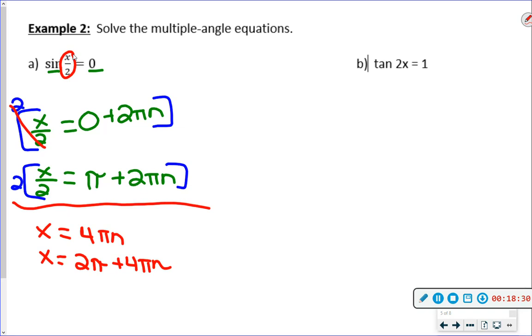I believe just 4 pi n includes 2 pi. So 4 pi n, would that include 2 pi? Because if I put a 1 in there, 2 in there, and so on. What about go smaller? Well, can n only be an integer? Yes. Oh, I see. What about go smaller?